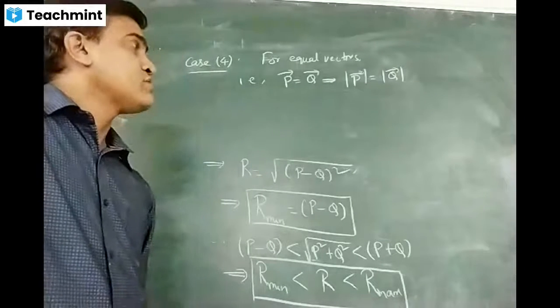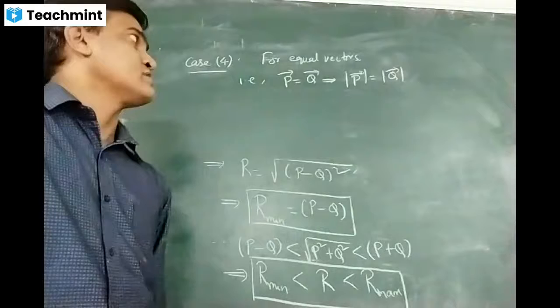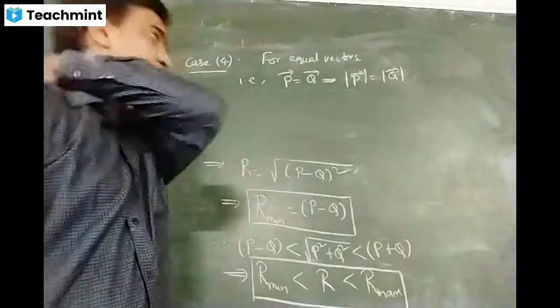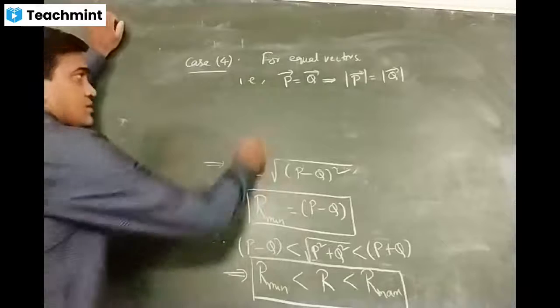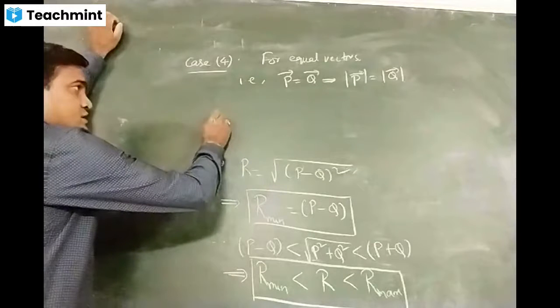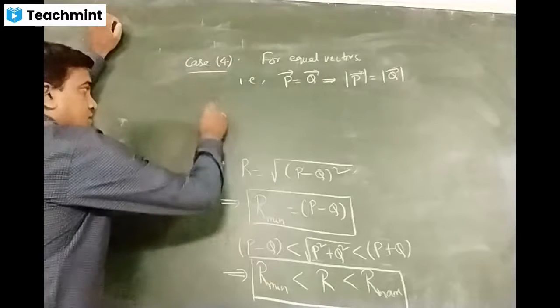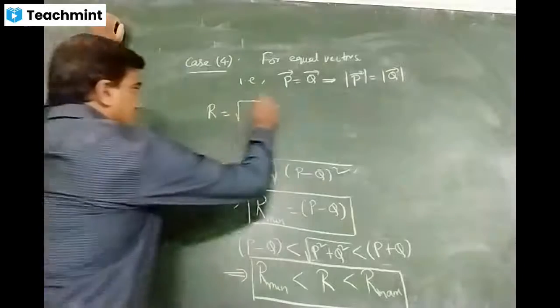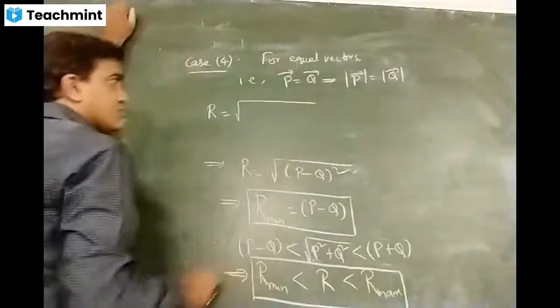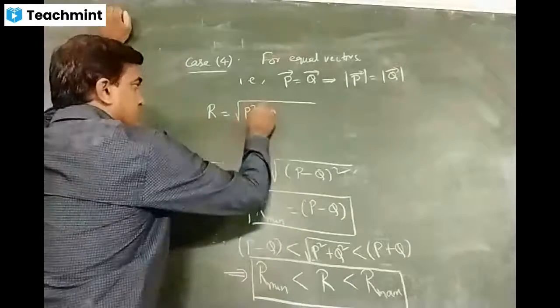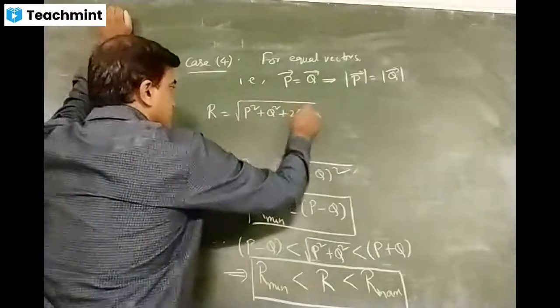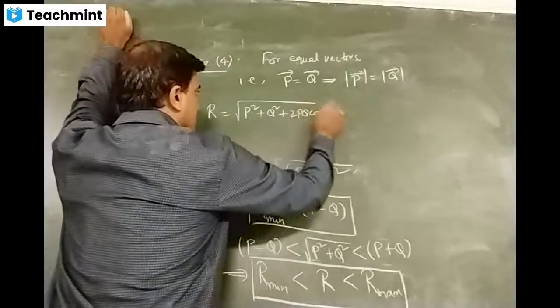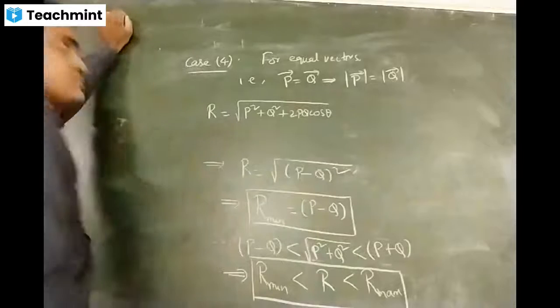When P is equal to Q, what will we get for equal vectors? I want the resultant. R is equal to square root of P square plus Q square plus 2PQ cos theta.